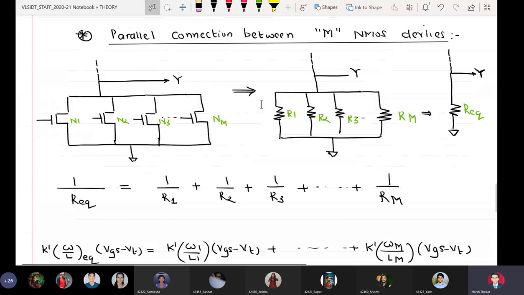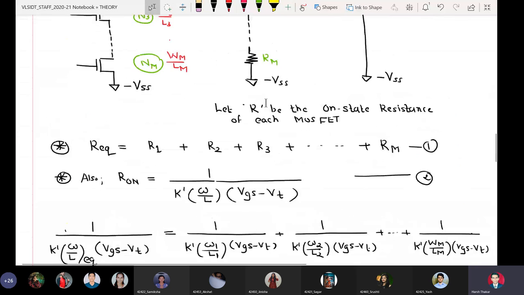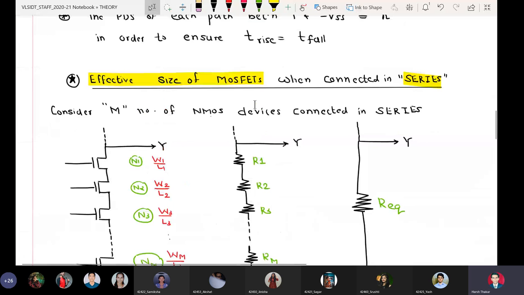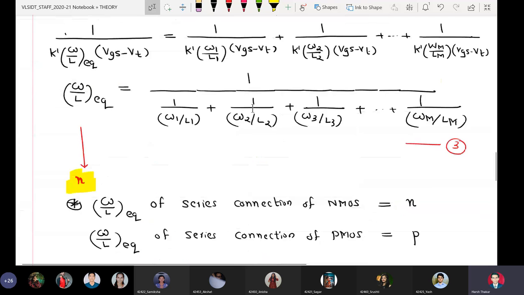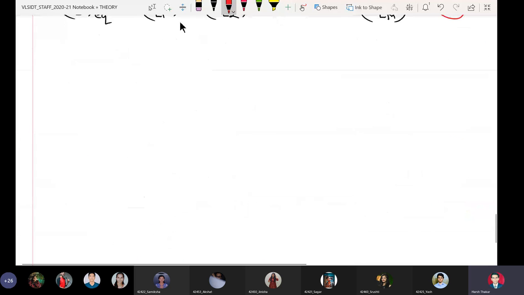So now we again go back to the series connection and we consider what should be the sizes of individual NMOS devices if two NMOSs are connected in series. Okay, so it's very simple.